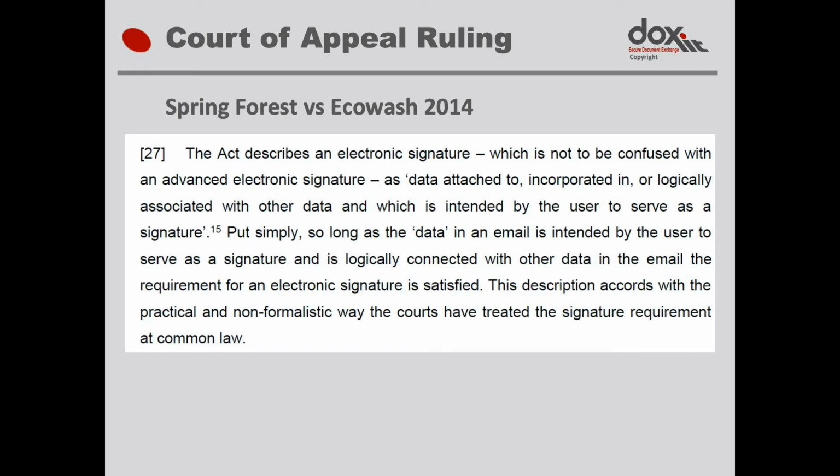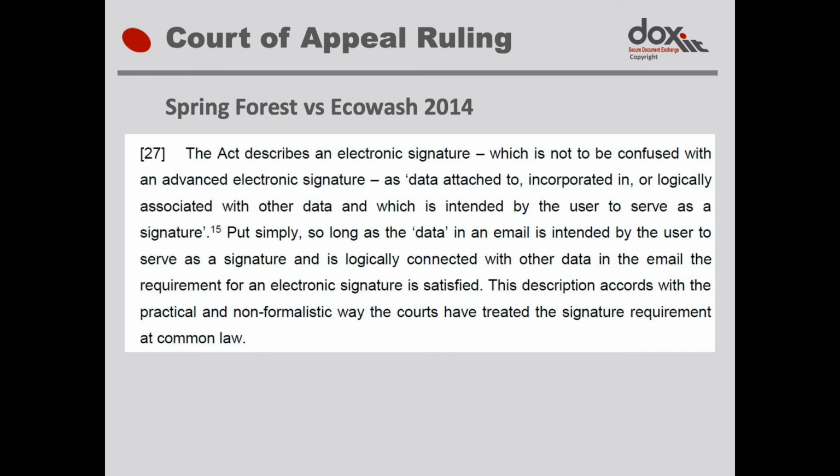Well, there is a Court of Appeal ruling that helps us interpret the ECT Act. In the court case of Spring Forest versus EcoWash in 2014, the judge ruled in paragraph 27 of the judgment that the Act describes an electronic signature, which is not to be confused with an advanced electronic signature, as data attached to, incorporated in, or logically associated with other data, and which is intended by the user to serve as a signature.